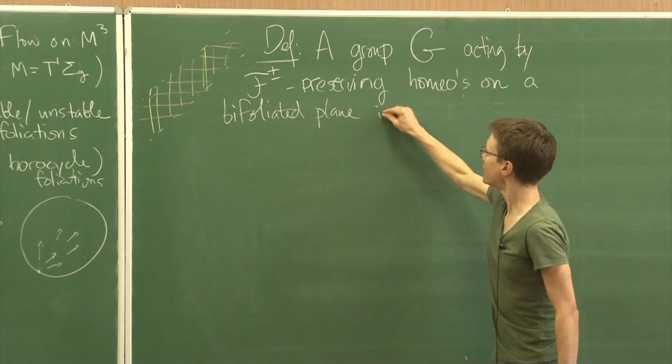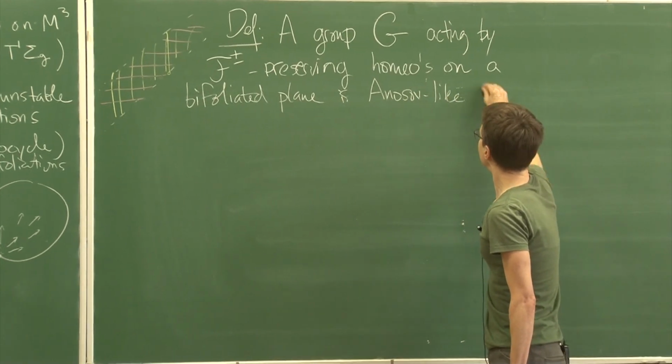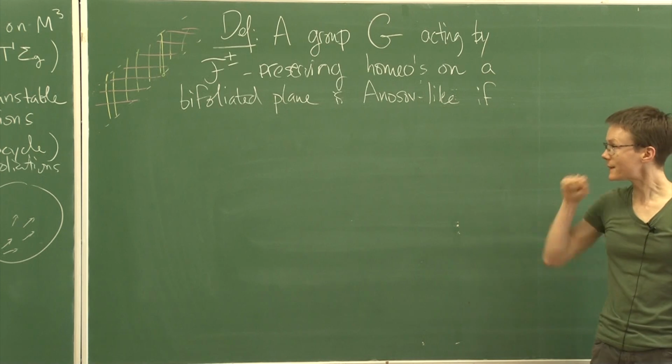Okay, is called Anosov-like if it satisfies the following list of dynamical properties.